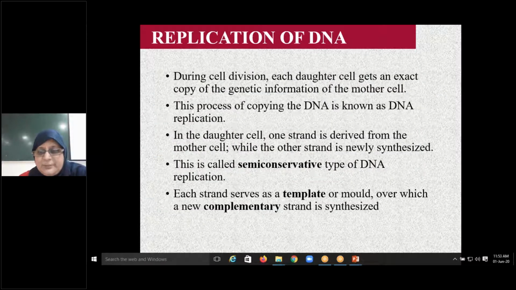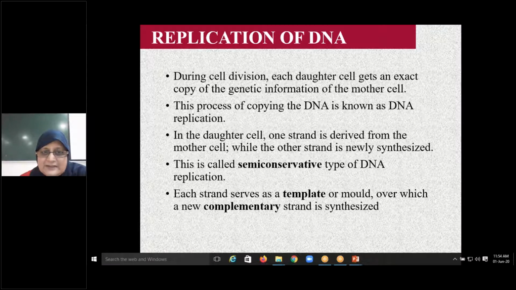Now, what is the replication of DNA? During cell division, each daughter cell will get an exact copy of the genetic information from the mother cell. The process of copying the DNA is known as DNA replication. In the daughter cell, one strand is derived from the mother cell, while the other strand is newly synthesized.